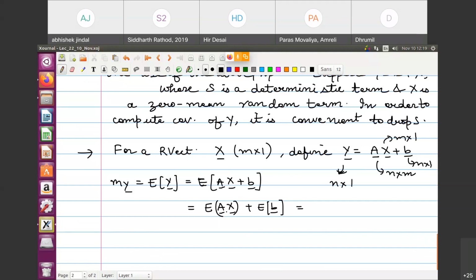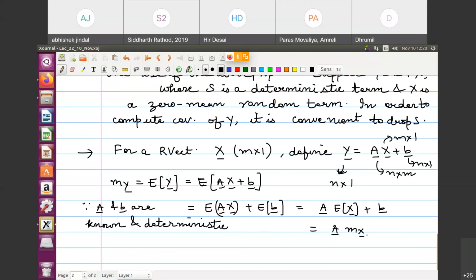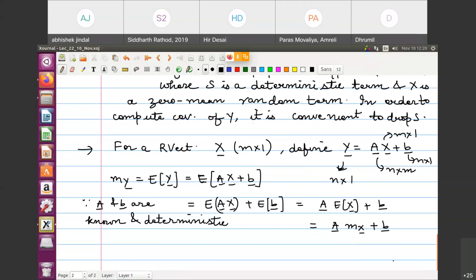Since A and b are deterministic, A and b are known and deterministic, this is nothing but A times m_x plus b. So it is easy to see that the mean of y can be expressed in terms of the mean of x if you know A and b.